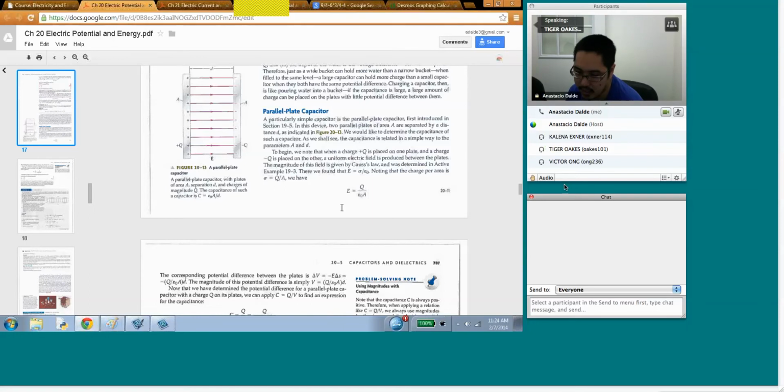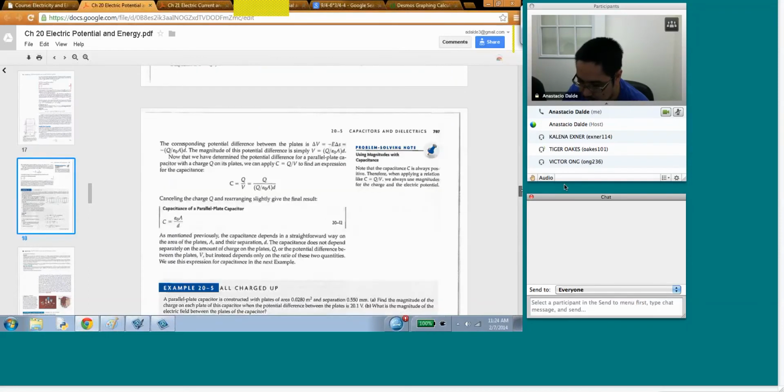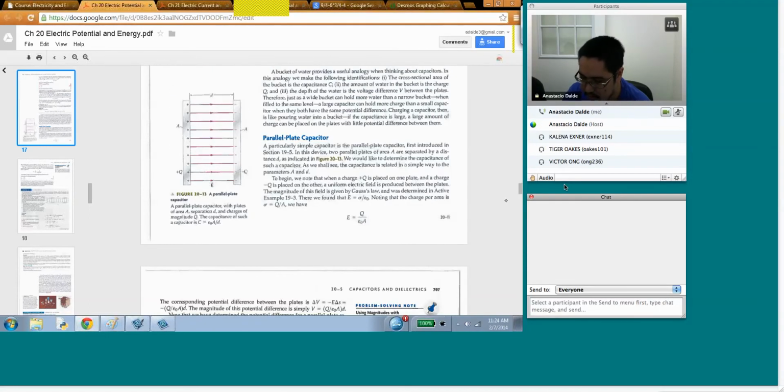The way you figure that out is this. If you want to talk about a parallel plate capacitor, which is the most general kind of capacitor we're talking about, it's equal to C equals E naught A over D.